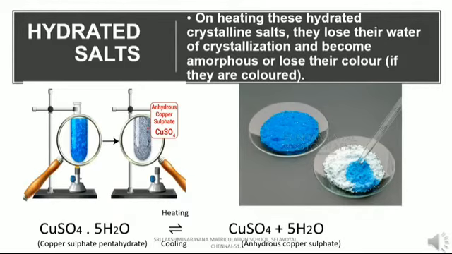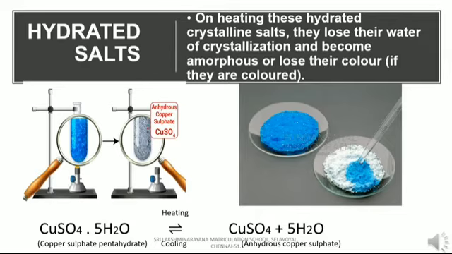The number of water molecules in blue vitriol is 5, so its water of crystallization is 5. When blue colored copper sulfate crystals are gently heated, they lose their 5 water molecules and become colorless anhydrous copper sulfate.